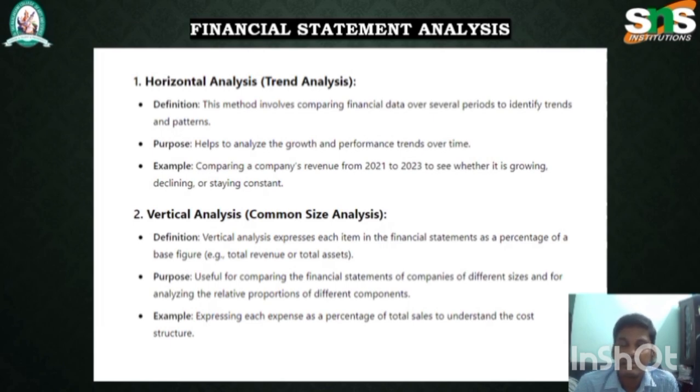In a balance sheet, the base figure will be total assets. The purpose is that it is useful for comparing the financial statements of companies of different sizes and for analyzing the relative proportions of different components. Expressing each expense as a percentage of total sales helps to understand the cost structure.